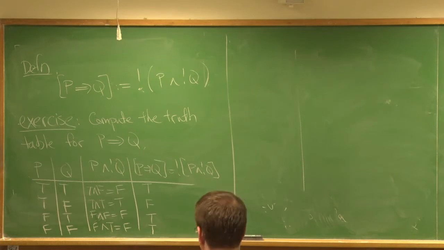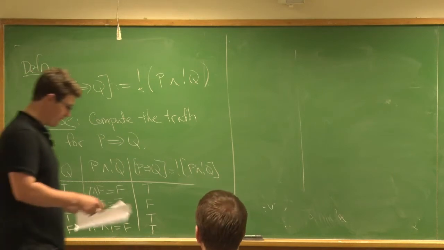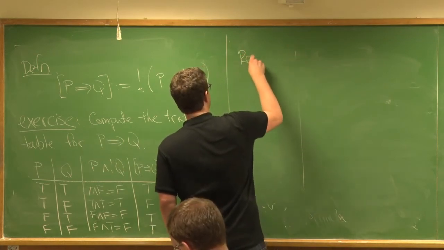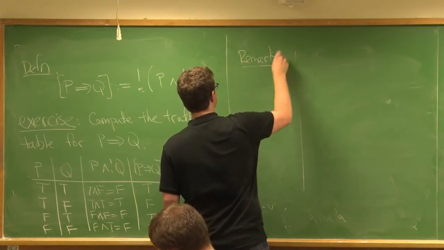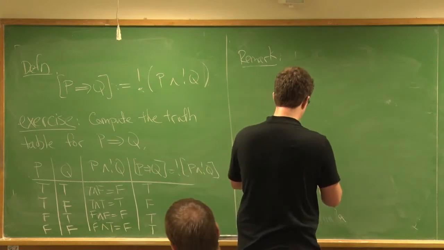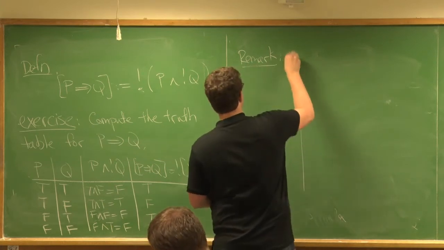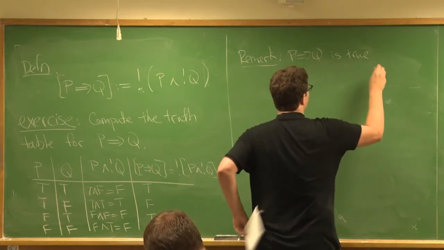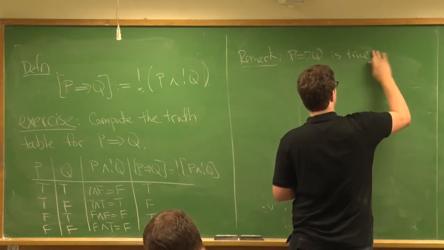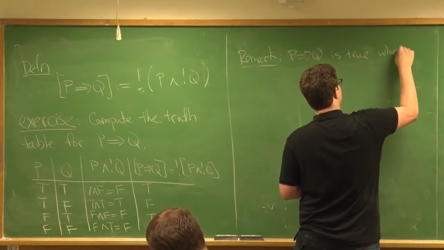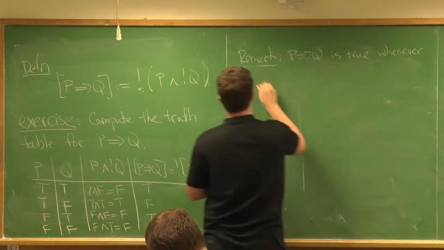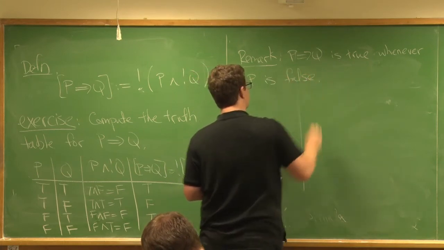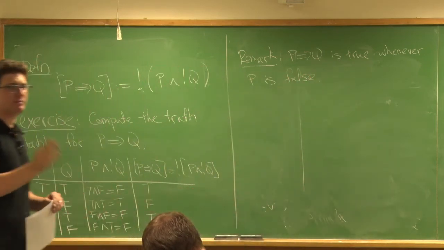Note in particular that something really weird happens. So remark: what's the weird thing that happens here? P implies Q is true whenever P is false. Something false implies whatever.